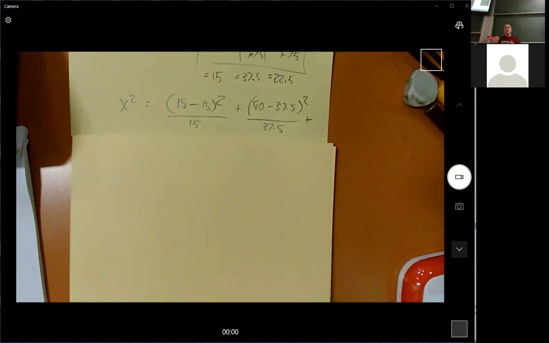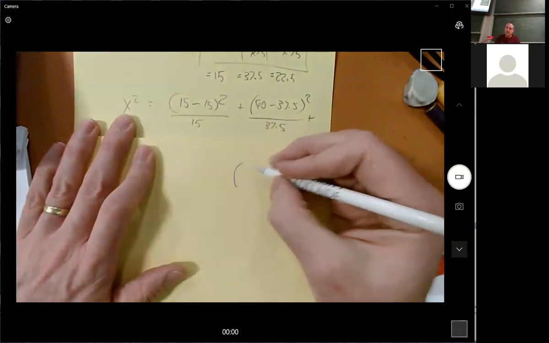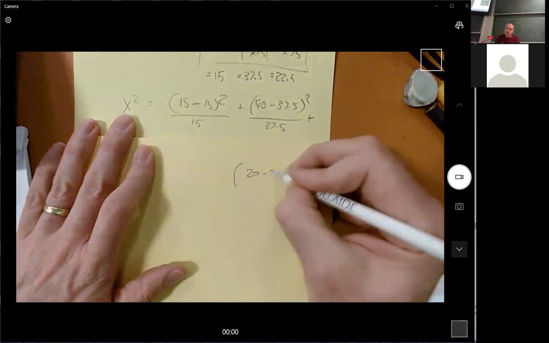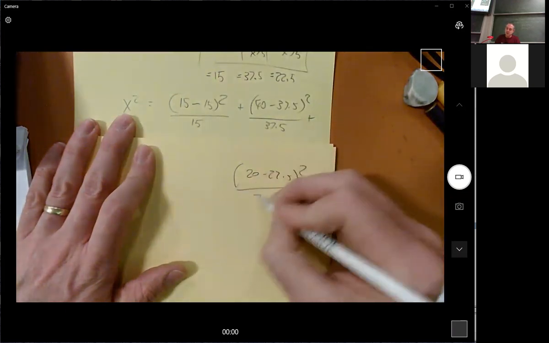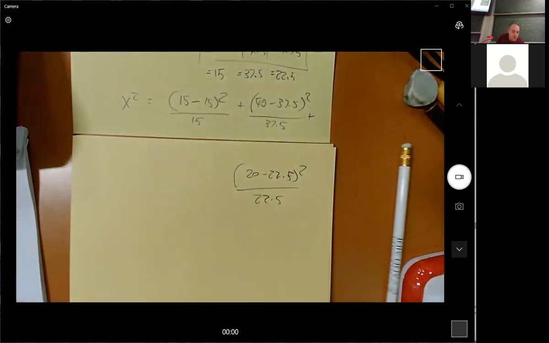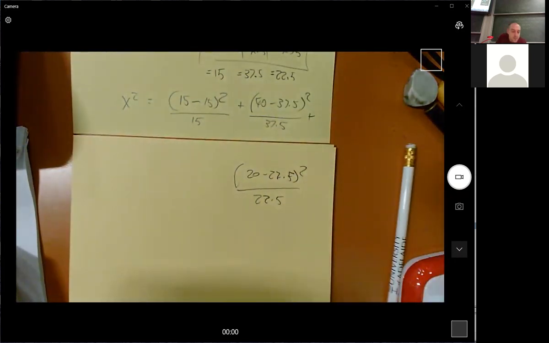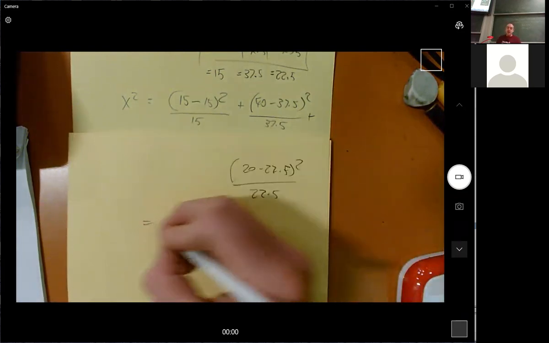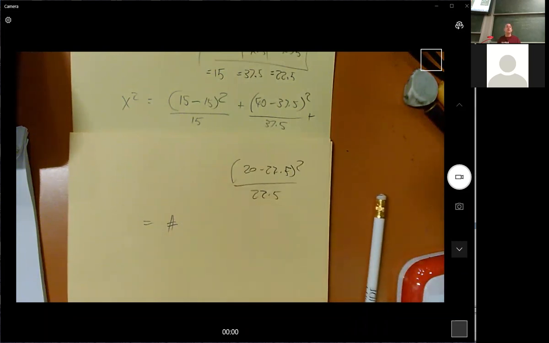For me, I find it easier to do it all in a table. I need to calculate these three things separately. Pretty sure it's observed minus expected squared over expected. Yes. Okay. And then I add them all up and I get this answer, whatever it is.